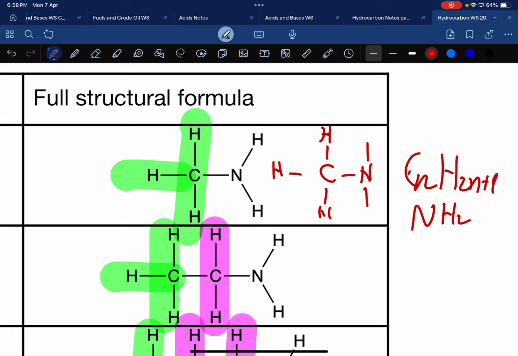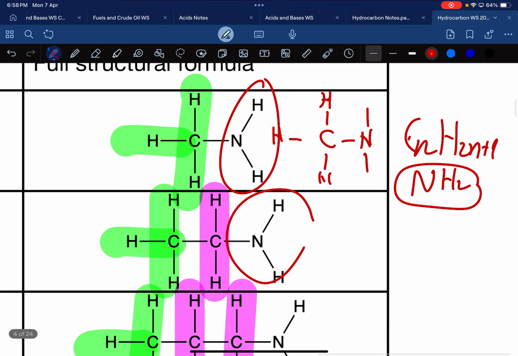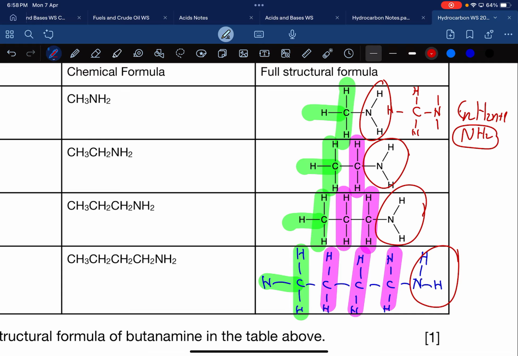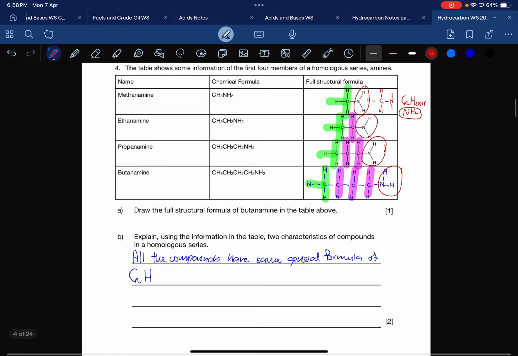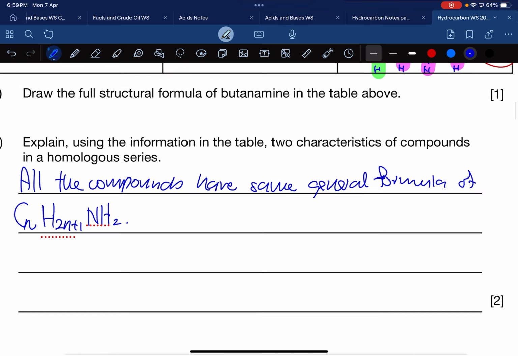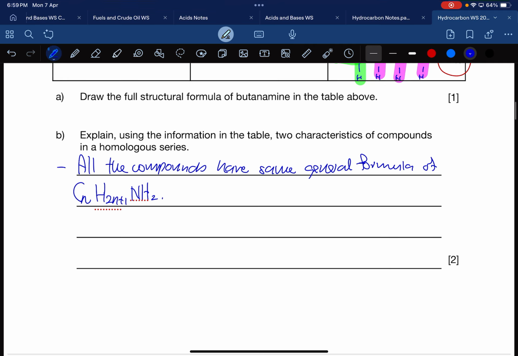I minus off one hydrogen and replace it with NH2. How do you pair all the hydrogens together? No, because this is a functional group, separated from everyone else. No interaction with it. So CnH2n+1NH2. That's the general formula.